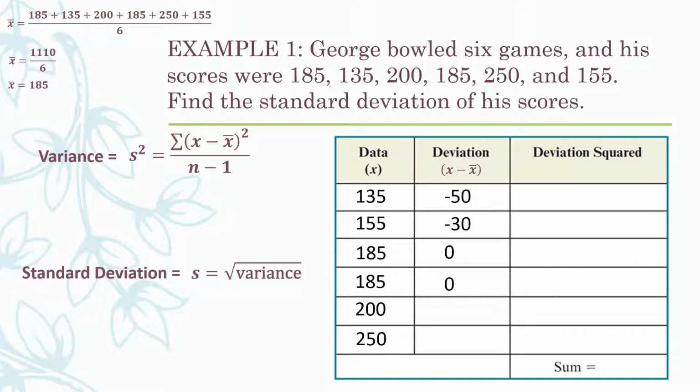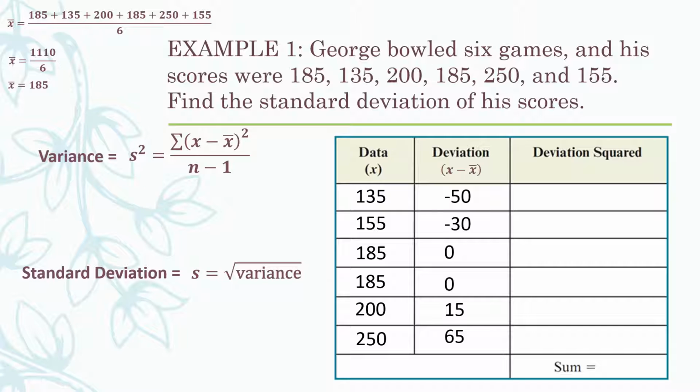Then our next data value is 200. So 200 minus 185, again data value minus the mean, gives us a positive 15. And then our last data value is 250. So data value minus the mean is 250 minus 185, which is 65.